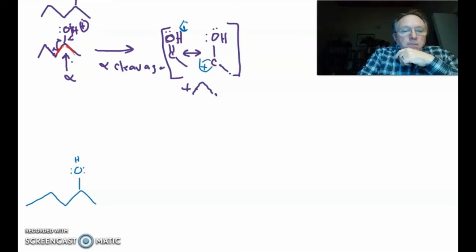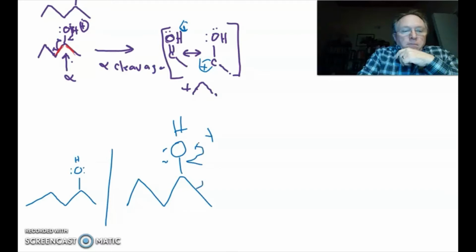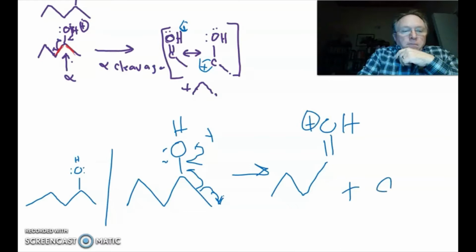Now, talking about the other bond to the alpha carbon breaking, after ionization, so now we have our radical cation, we have this bond breaking, and the radical electron onto the methyl group, we end up with a different oxonium ion and a methyl radical.